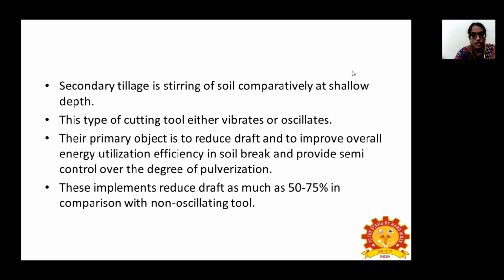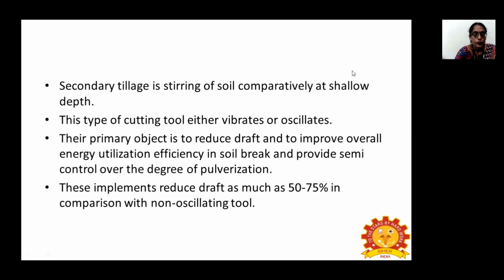These implements reduce the draft by 50 to 70% compared with non-oscillating tools. As a result, we can use less power and the energy usage efficiency is improved. These implements reduce the draft compared with non-oscillating tools.